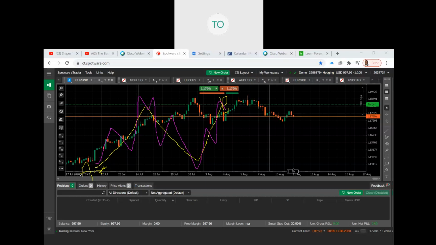Now, on a much smaller time frame, something similar happens, only a little more busy. So from here to go up there, you have it like that. Same thing.